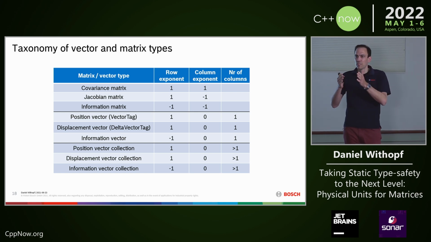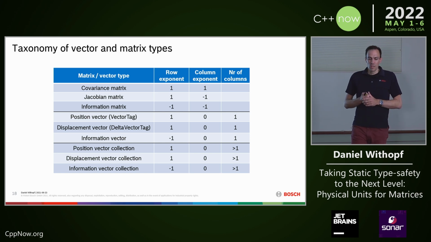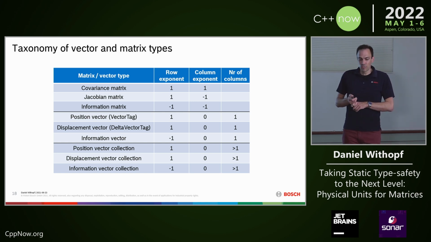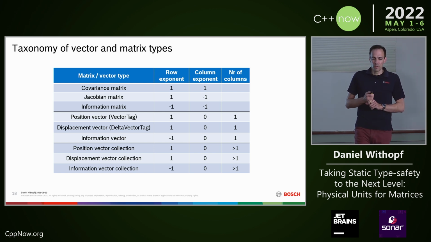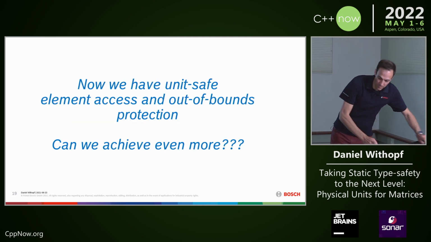These are matrices which contain individual vectors as columns or rows. And there's again position vector collection, displacement vector collection, and information vector collection. Of course, you can also take the transpose of each of these types. I didn't list them here, it should be obvious what the exponents are. Good.